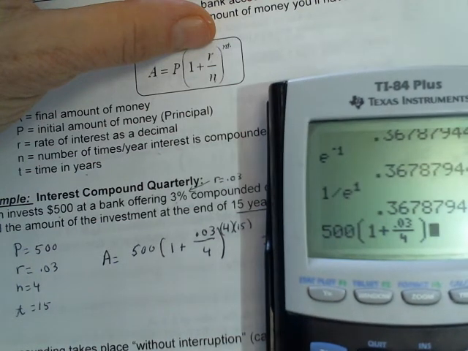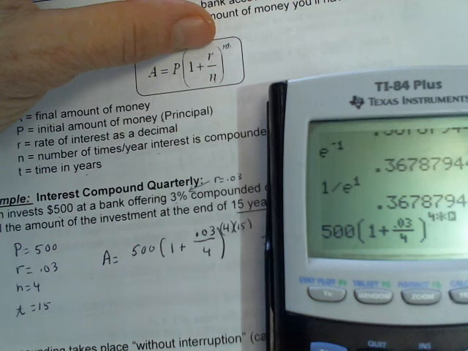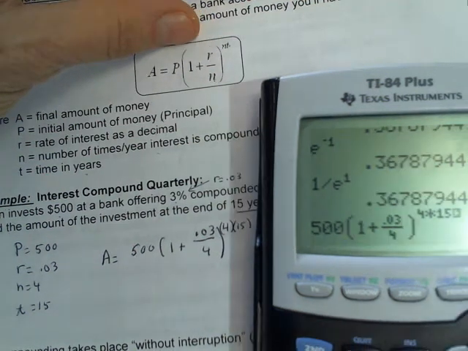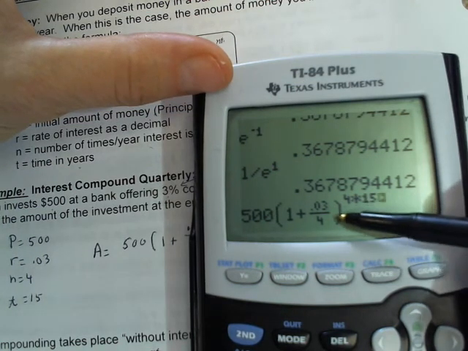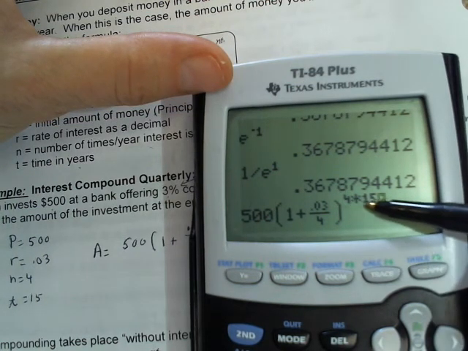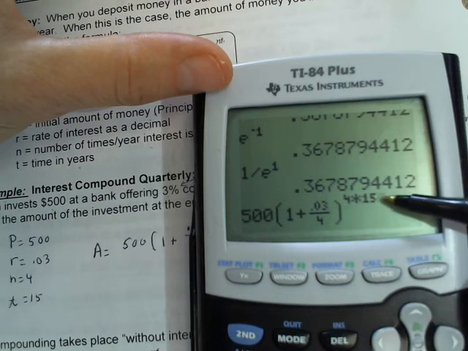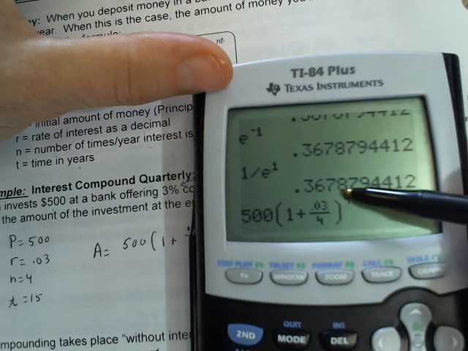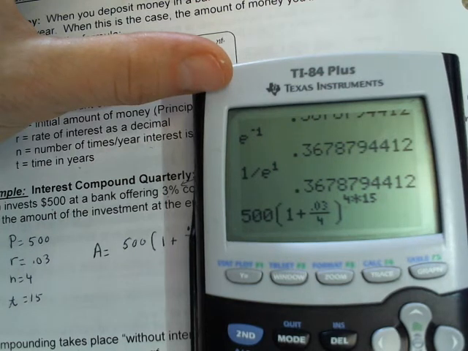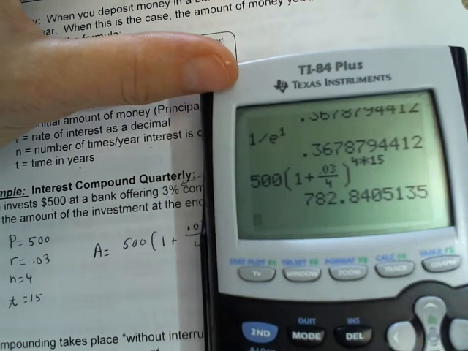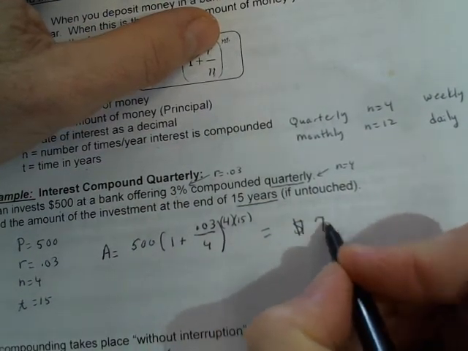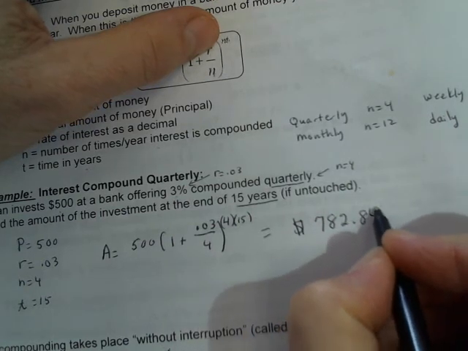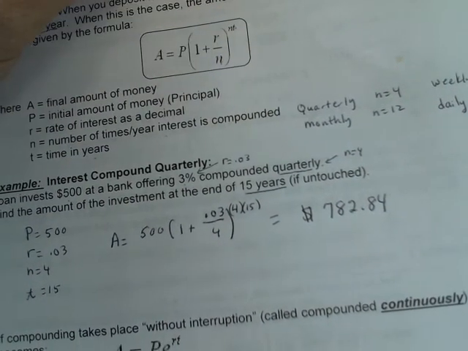Close up the parentheses and raise it to the power of 4 times 15. Now, if you have an older calculator, not a graphing calculator that will raise it up to the power like this, you're going to have to put parentheses around the 4 and after the 15, 4 times 15. But our graphing calculator will handle it. So after 15 years, you'll have $782.84. And that's the end of that problem.